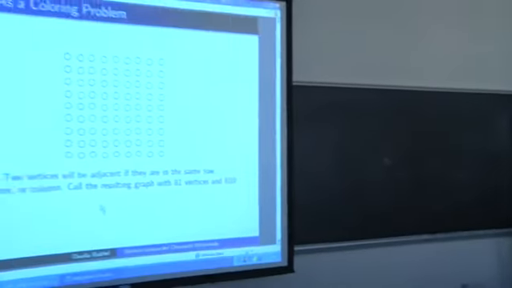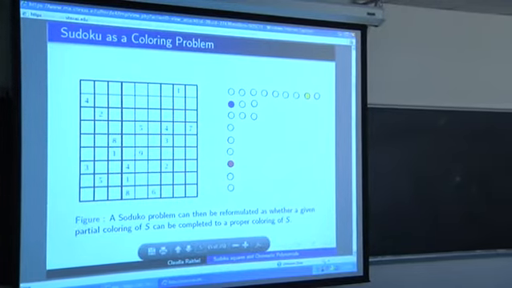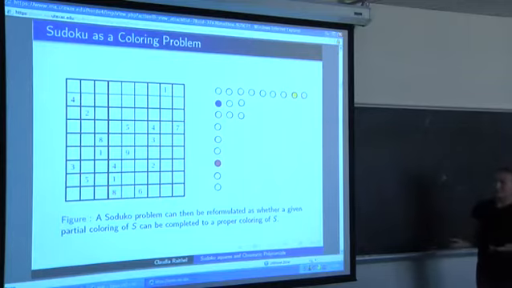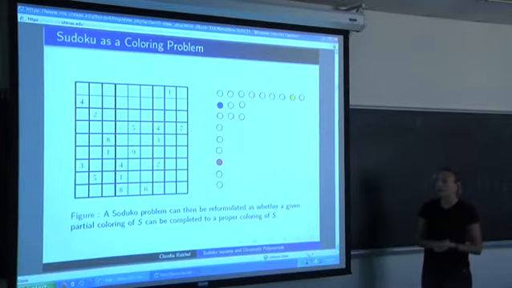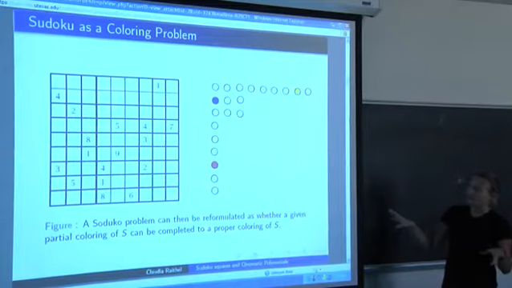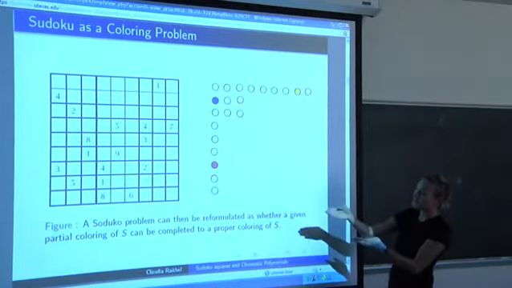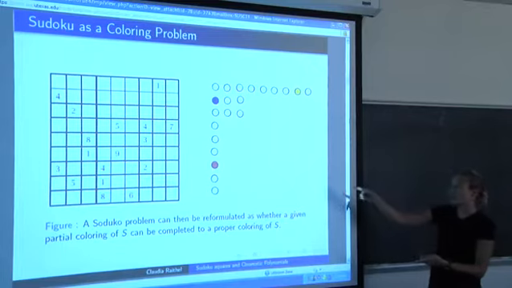Cool. Say I give you a Sudoku problem. What I mean is that I give you a 9x9 grid with a couple of numbers filled in, and you're supposed to complete the grid. You draw your graph with 81 vertices, then you assign a color to each number in the Sudoku grid, and you color in the corresponding vertex in the Sudoku graph with that color.